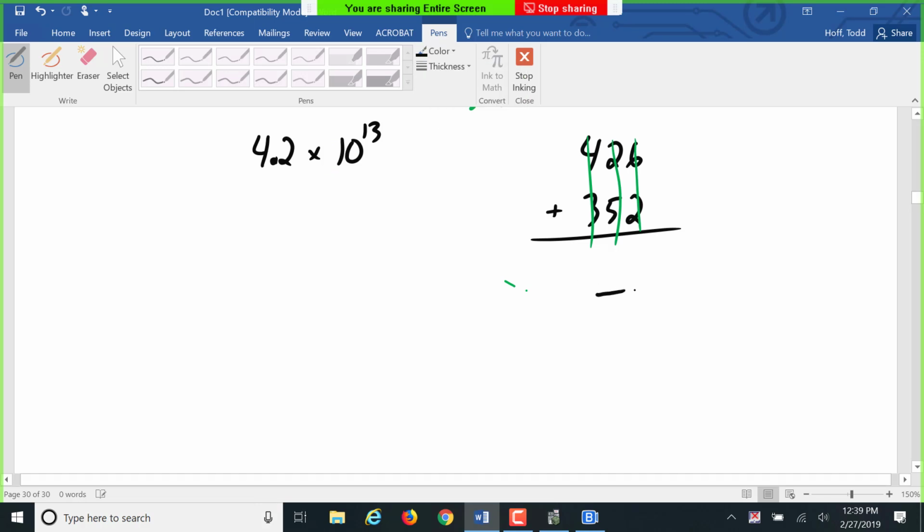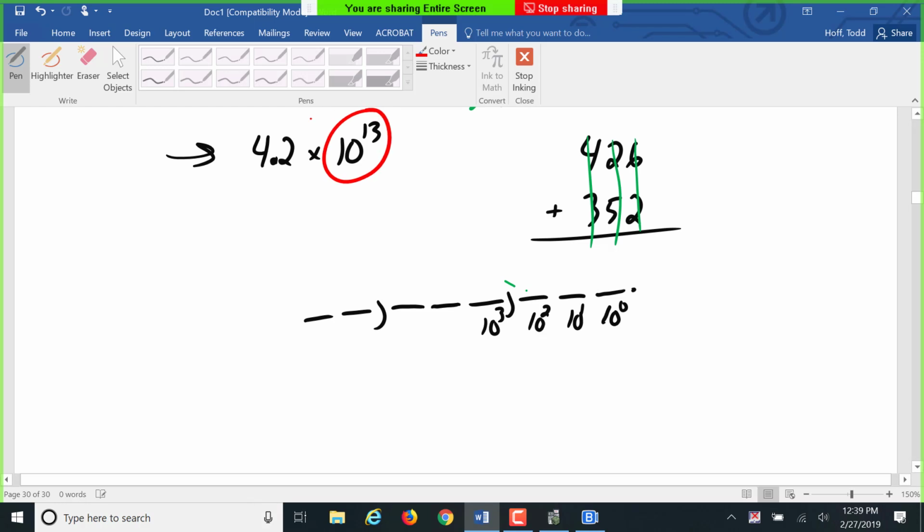If you remember, it was 10 to the 0, 10 to the 1, 10 to the second, 10 to the third. Those were our place values. So what part of this up here implies a place value? Yeah, 10 to the 13th is a place value.